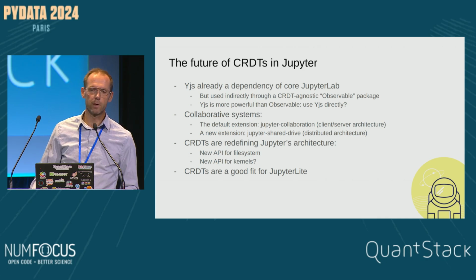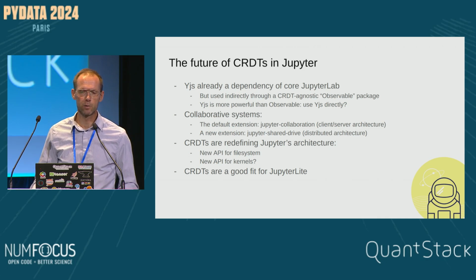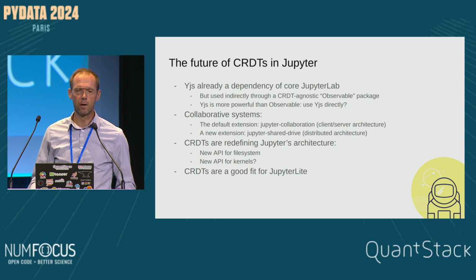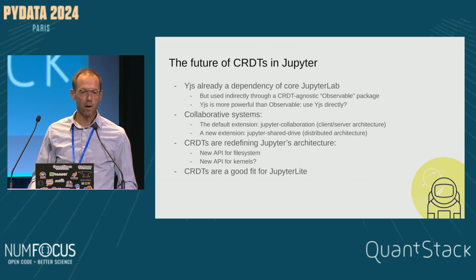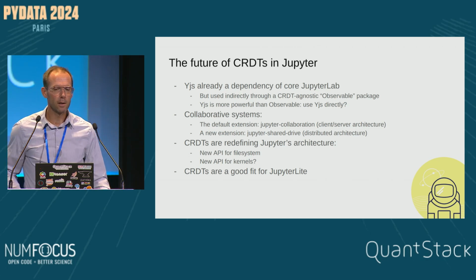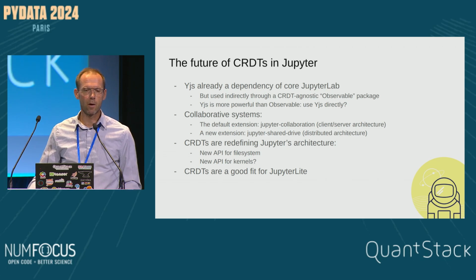So the two collaborative systems we have today are Jupyter Collaboration with a centralized architecture and Jupyter Shared Drive for distributed architecture. CRDTs are really defining the Jupyter architecture because of the API, which is changing according to that.